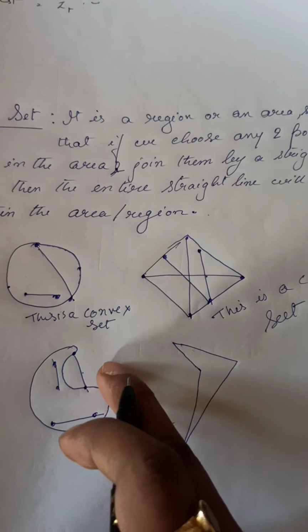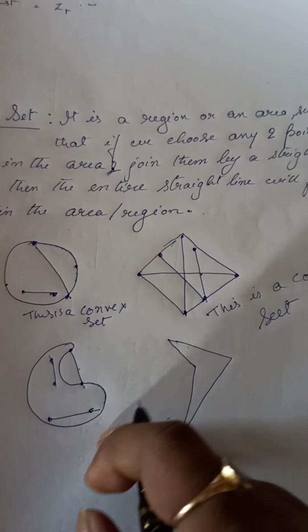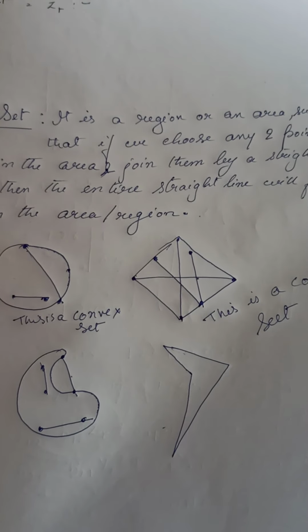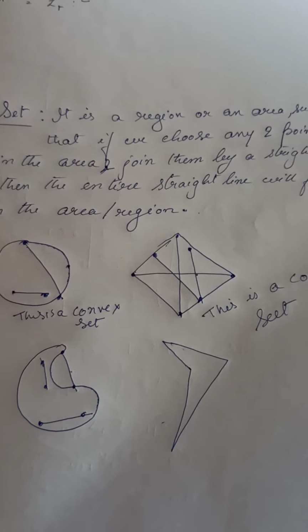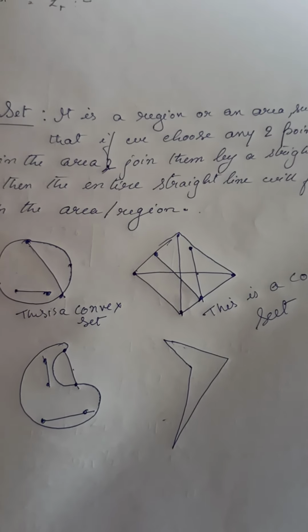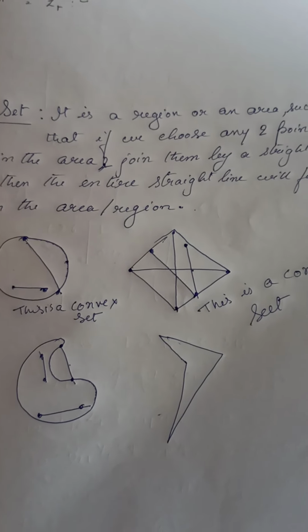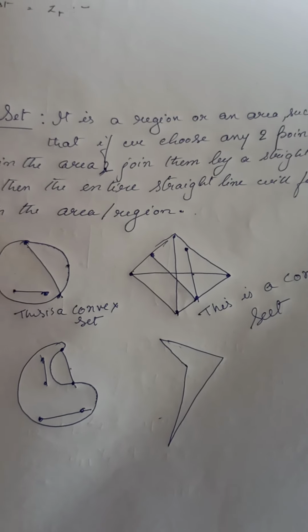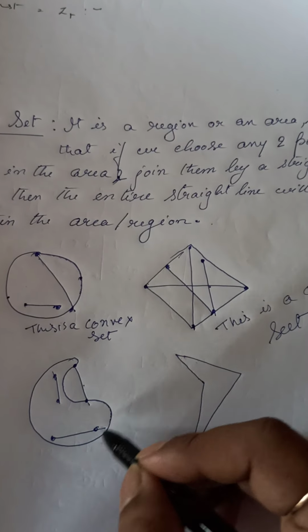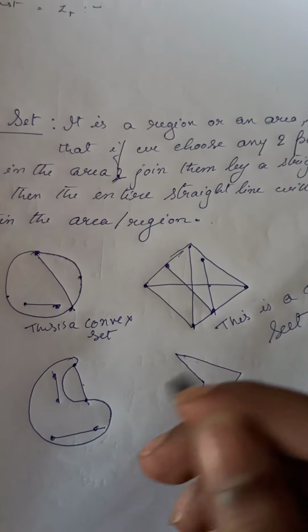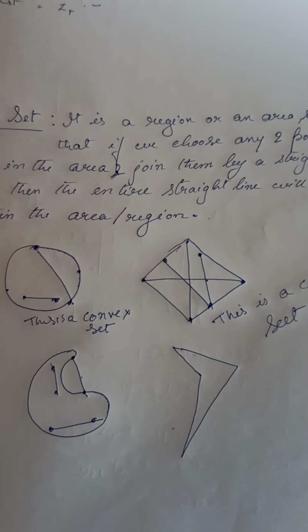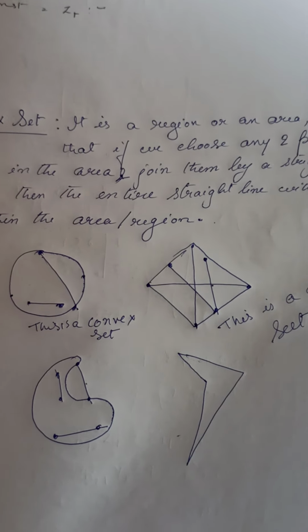So in the case of this diagram, there might be certain combinations of points which, when joined by a straight line, may not lie within the demarcated area, and therefore some points in this diagram do not satisfy the definition of a convex set.